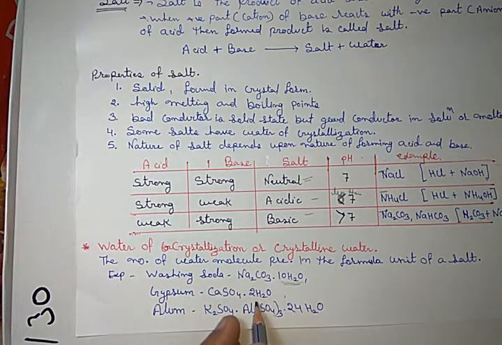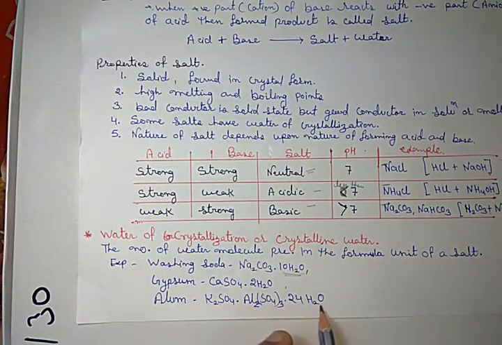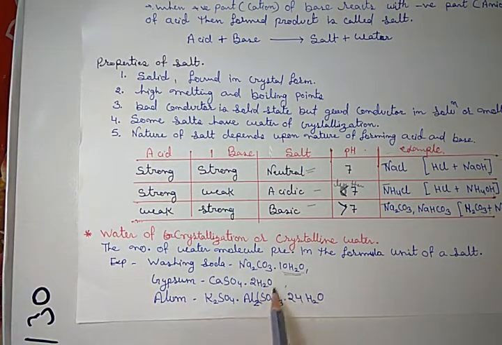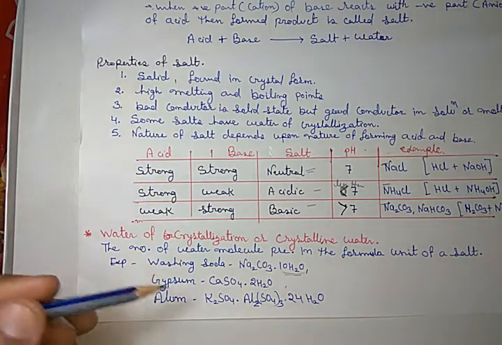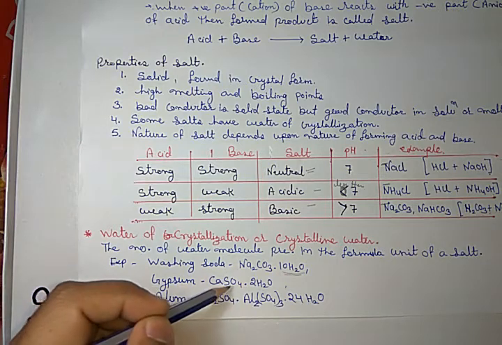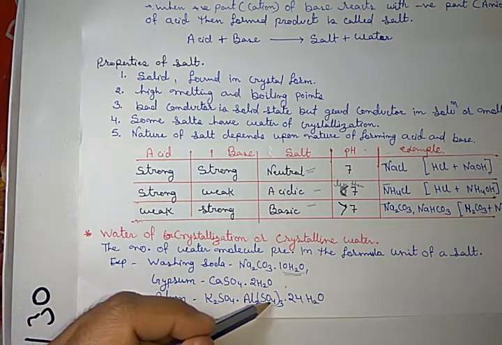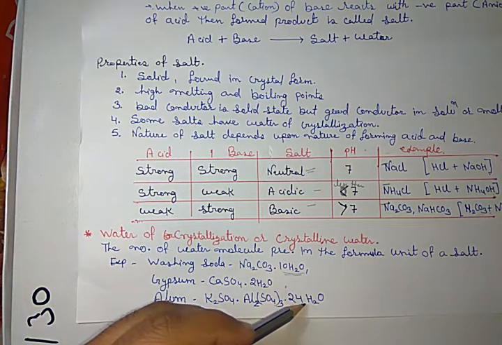Similarly gypsum, that is 2H2O, and alum, that is 24H2O. These water molecules are examples of water of crystallization. So washing soda is Na2CO3.10H2O, gypsum is CaSO4.2H2O, alum is K2SO4.Al2(SO4)3.24H2O.